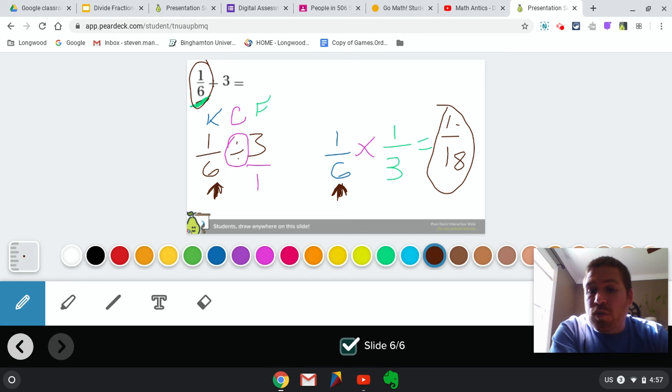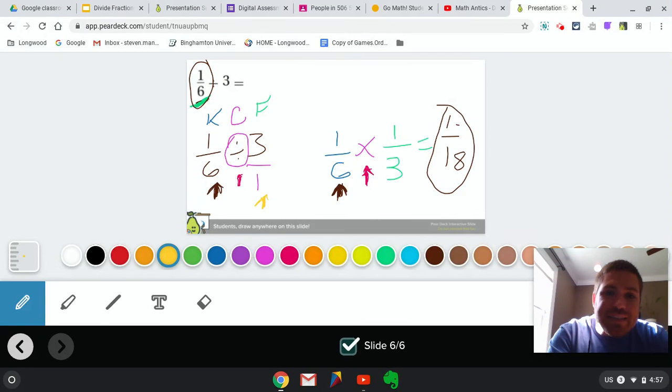It's staying at the first part of our problem when we rewrite it. We're always changing from division to multiplication. And then we're always flipping the second fraction, okay? We're getting the reciprocal. We're flipping over that second fraction, all right?